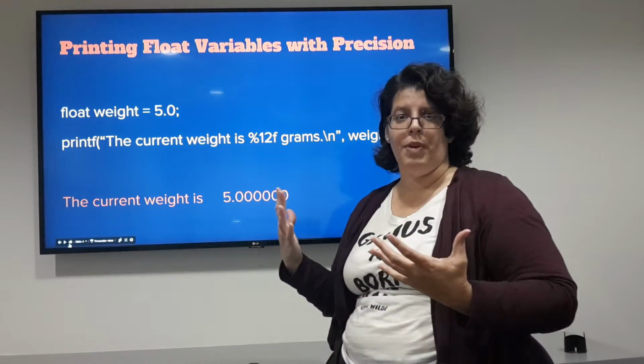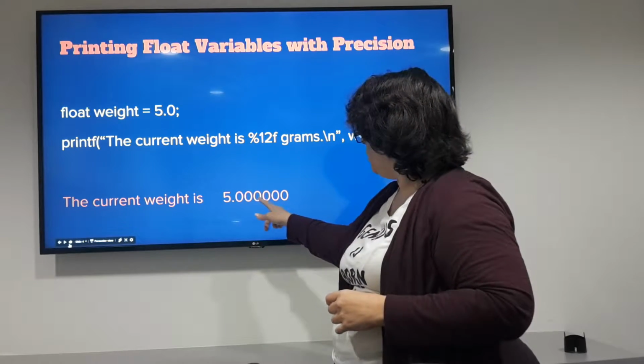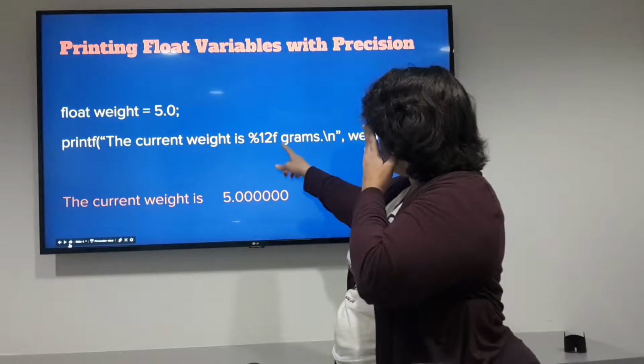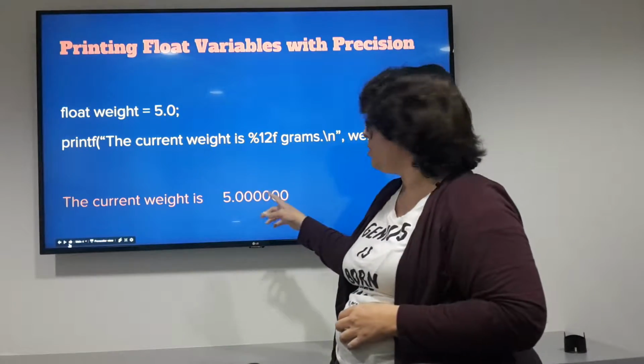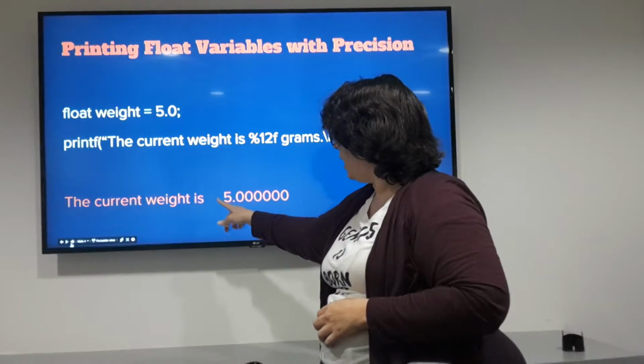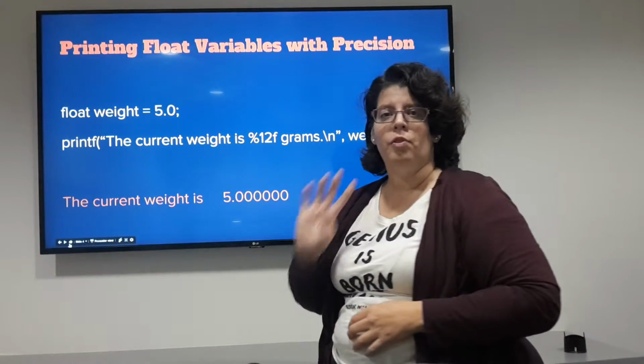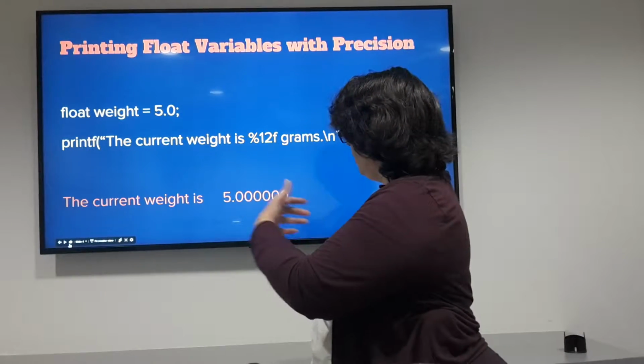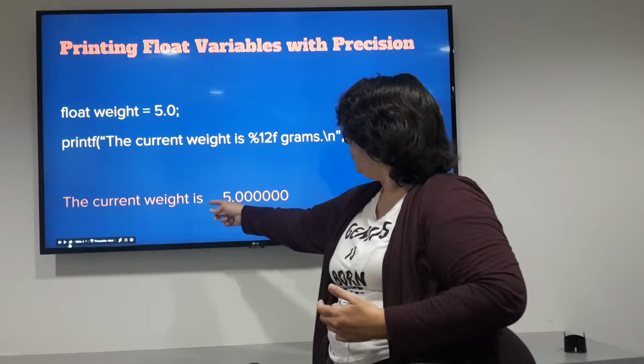So we had 8 to begin with, 1, 2, 3, 4, 5, 6, 7, 8. I'm using 8 spaces so far, but it wants 12 spaces to be taken up. So after the 8, it had 9, 10, 11, 12. 4 additional blank spaces to the left of the number.